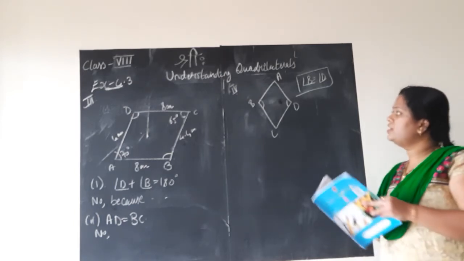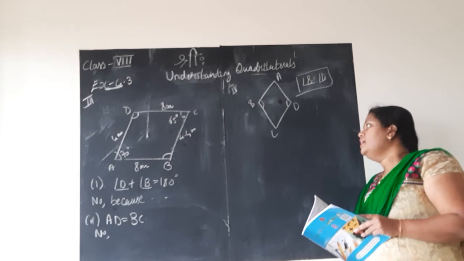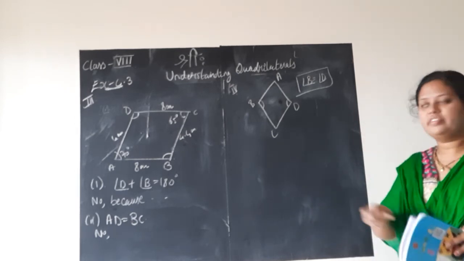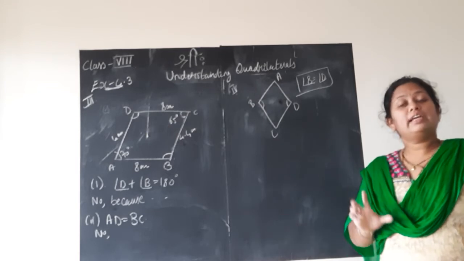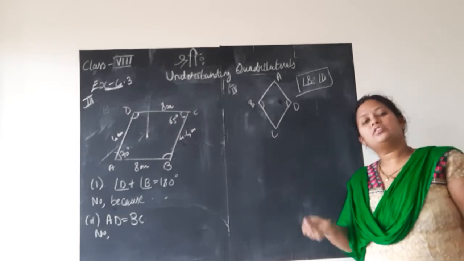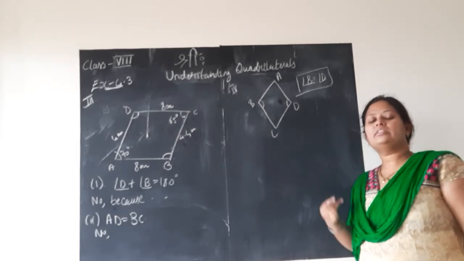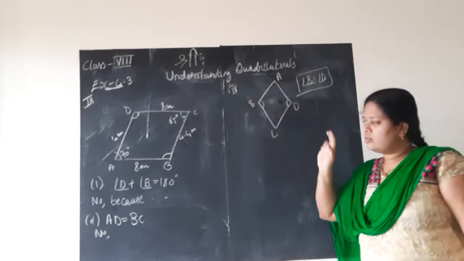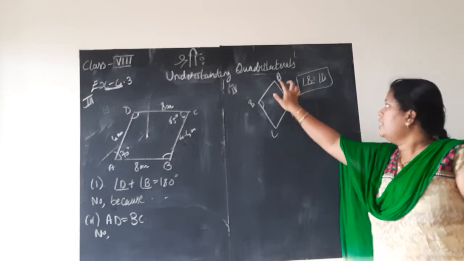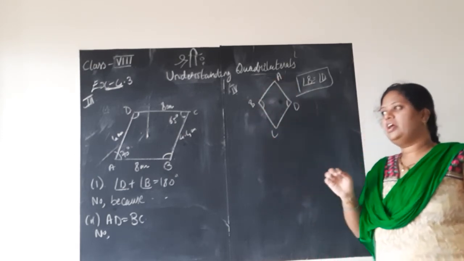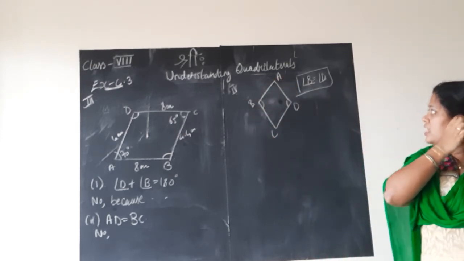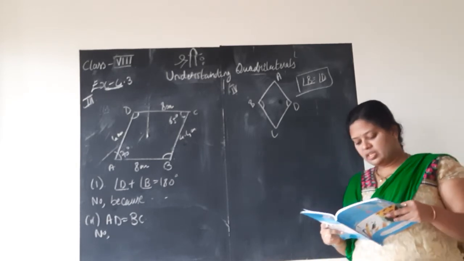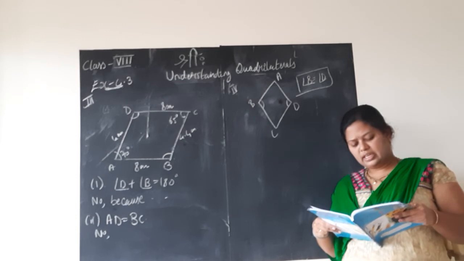So what you will write is just draw the kite like this. In the figure, ABCD is a quadrilateral. Of course, first it is a quadrilateral. Quadrilateral includes parallelogram, square, rectangle, rhombus, kite. So ABCD is a quadrilateral and it is in the form of a kite, or ABCD represents a kite which has angle B equals angle D. Based on that point only they have asked us to tell how two opposite angles are equal.